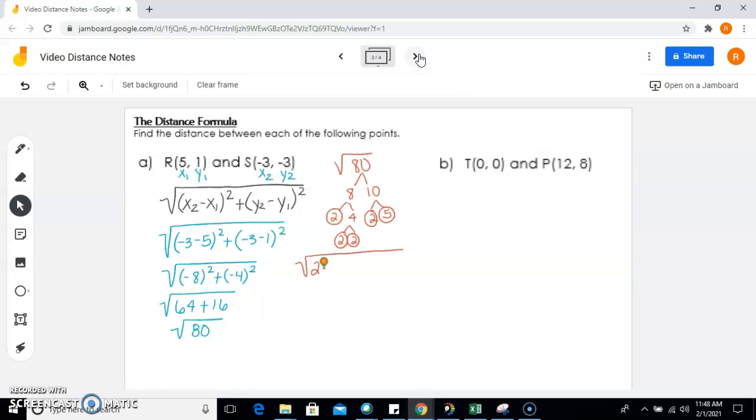Put them all back underneath. And a pair of 2's. Kill one, bring one out. Another pair of 2's. Get rid of one and bring it out. The square root of 5 would stay inside by itself. I'm going to multiply my numbers on the outside and I get 4 square root of 5.